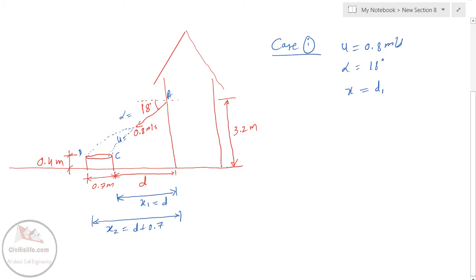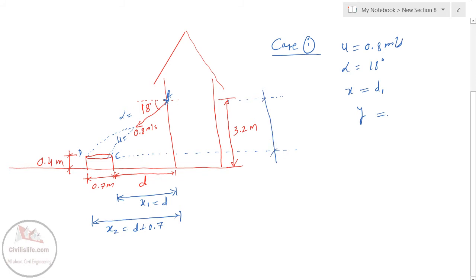Let us call that d1 for case 1. And what is y? So that is the next question, what is y? Here y is the difference between the point of projection and the target. The point of projection is somewhere here, and the target is here, that is point C.